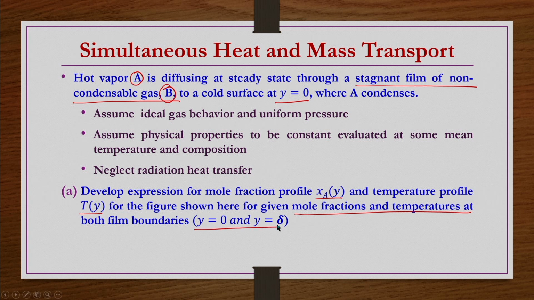The thickness of the non-condensable gas film is delta. It has two boundaries, one at y equals 0 and another at y equals delta, and at both of these locations we know the temperature and concentration. So, boundary conditions are known.